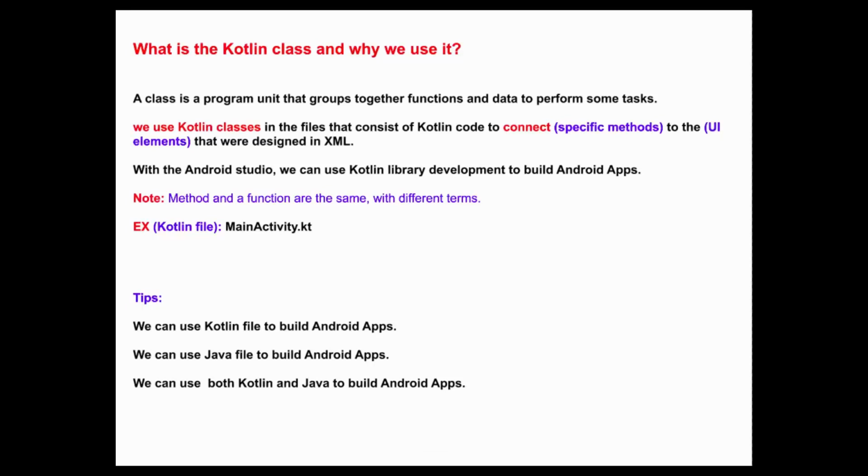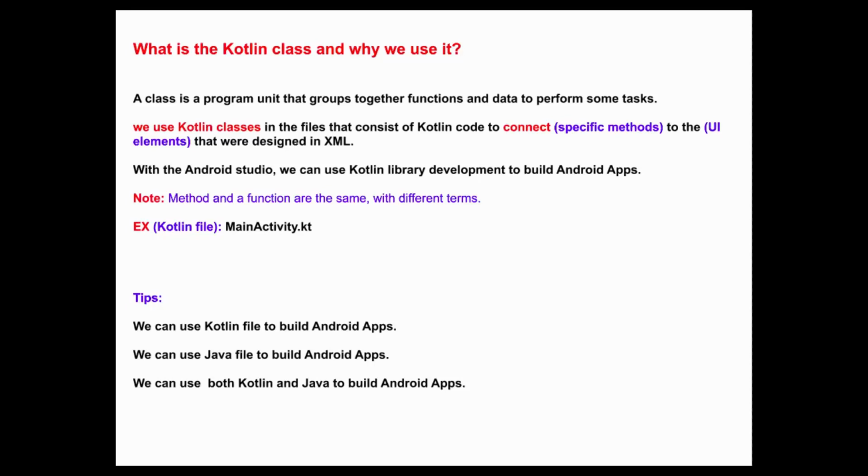Okay, now I have some tips for you guys. First one, we can use a Kotlin file to build an Android app, and we can use a Java file to build Android apps, and we can use both Kotlin and Java to build Android apps.